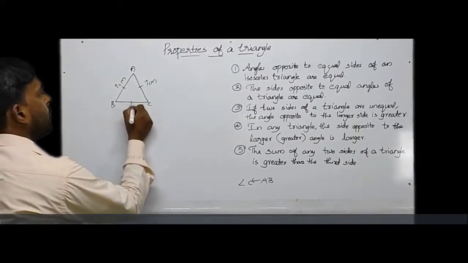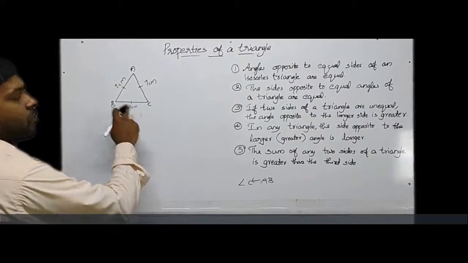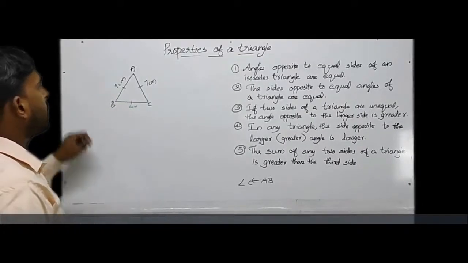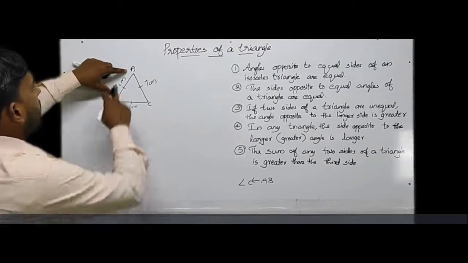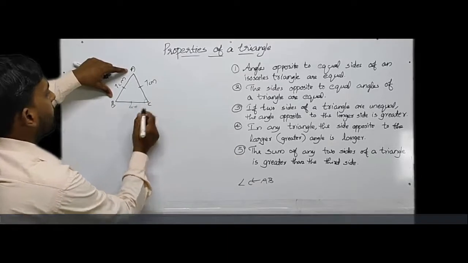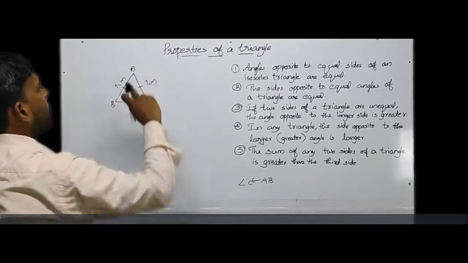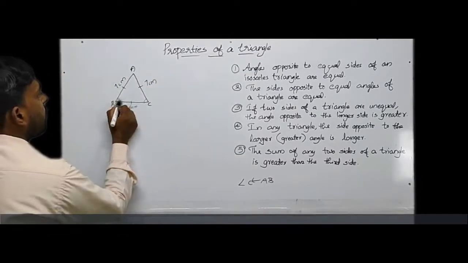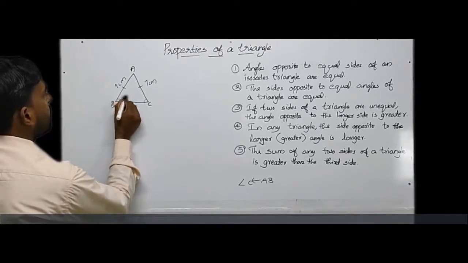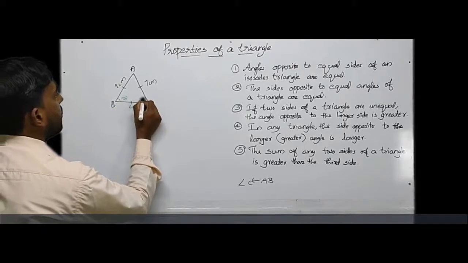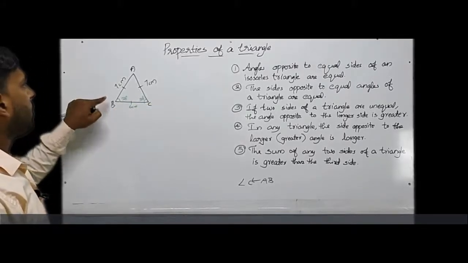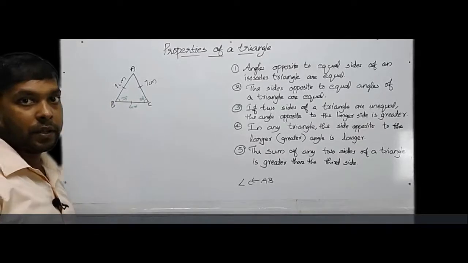BC is 6 centimeter. So we understand that it is an isosceles triangle. Now, if I take side AB, its opposite angle is here. If I take side AC, its opposite angle is here. Let me name it here and give a measurement. Angle B and angle C are 50 degrees each.